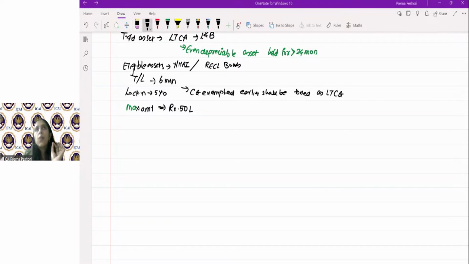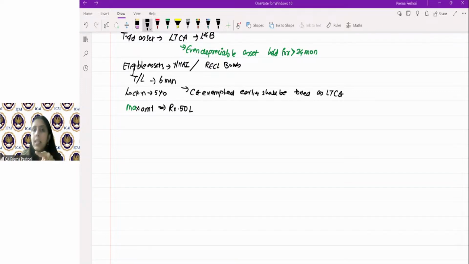Secondly, there is one more important issue. The question before the court was, can exemption under 54 EC be denied in a case where the bonds were issued after the 6 months of the date of the transfer, even if the assessee made the payment within the period of 6 months. So the assessee had made the payment within the period of 6 months, but the bonds were issued after the period of 6 months.